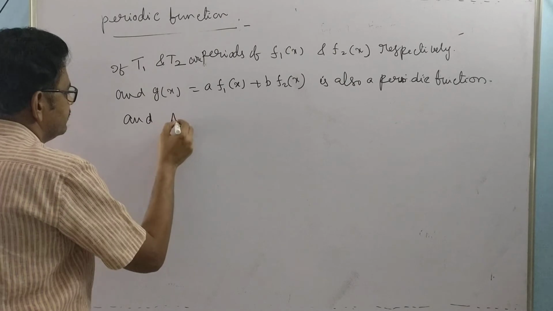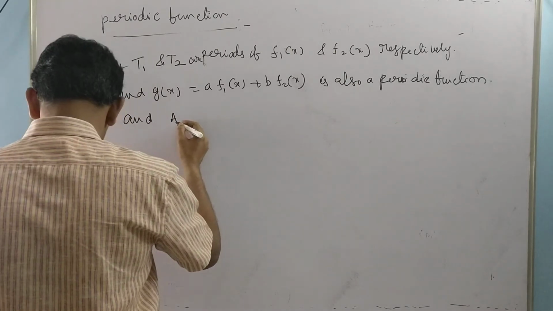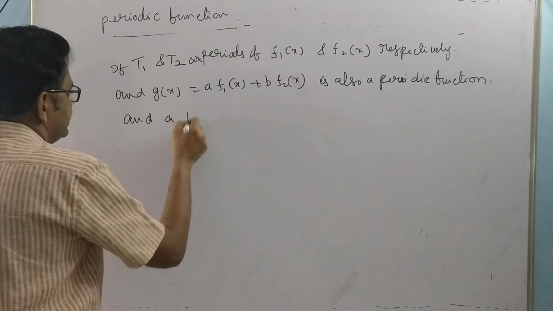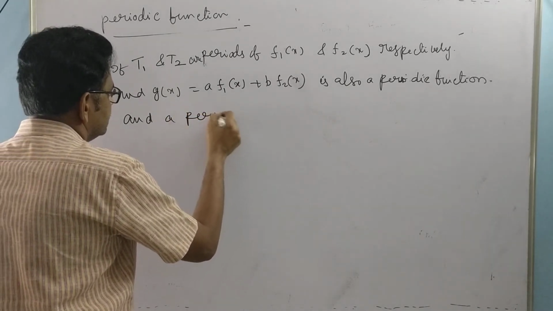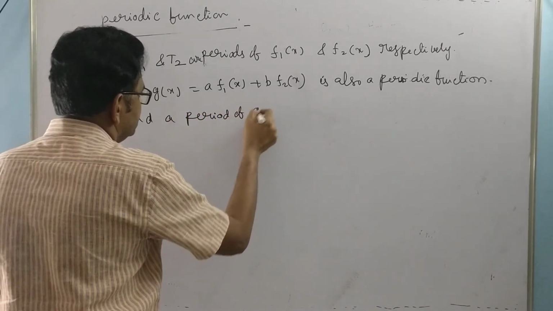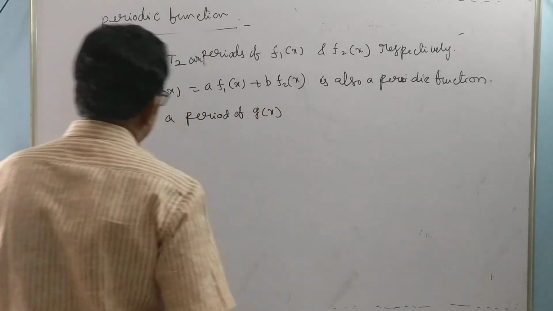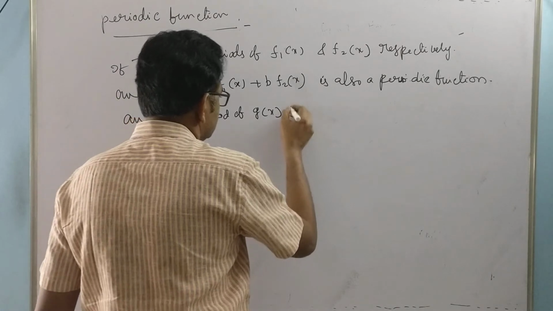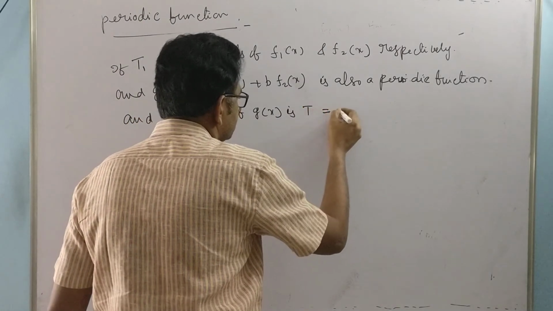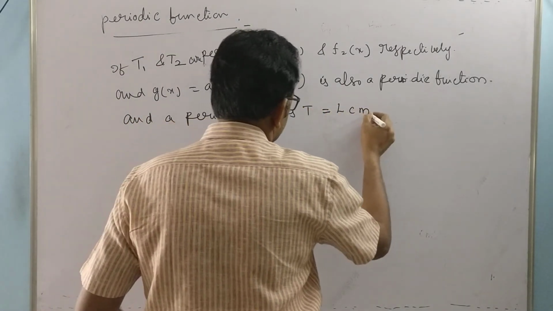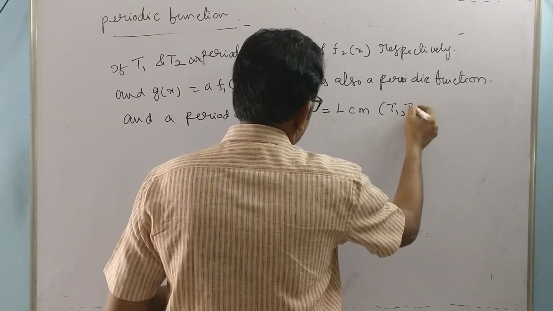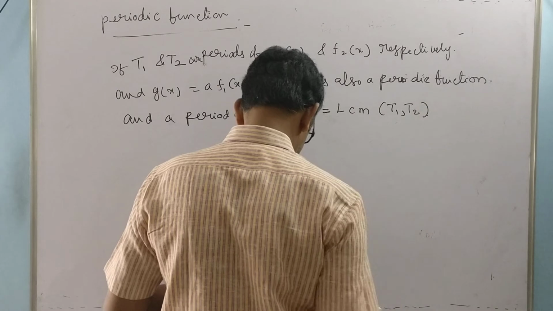And a period of g of x is t, equal to LCM of t1 and t2.